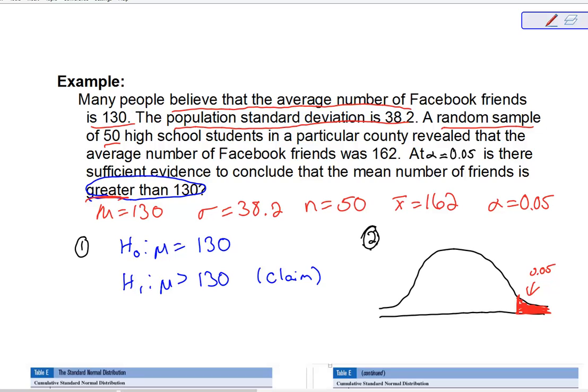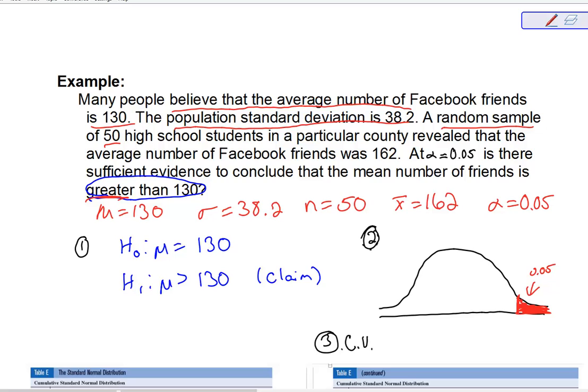Step 3 is the critical value. Remember, to find the critical value, we have to find out what the z-value is that corresponds to this. We have to do a little bit of calculation though, because remember that our table only gives us the area to the left and we want the area to the right.